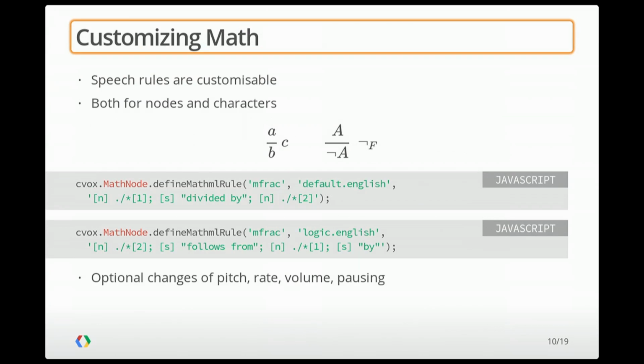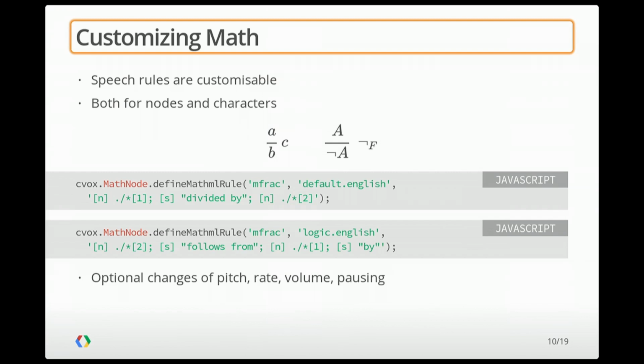Now, one of the major things about mathematics and speaking mathematics is, of course, that it can be very different depending on the mathematical domain you're working with, and also depending on the particular style of mathematics you're doing.